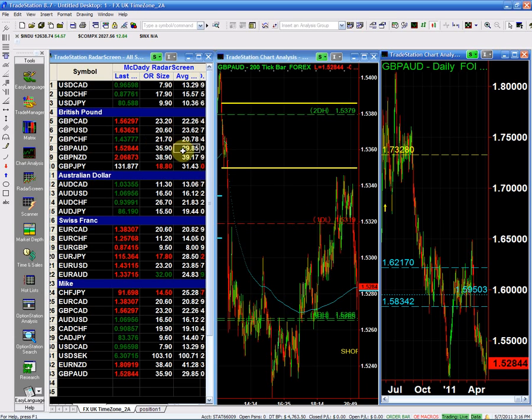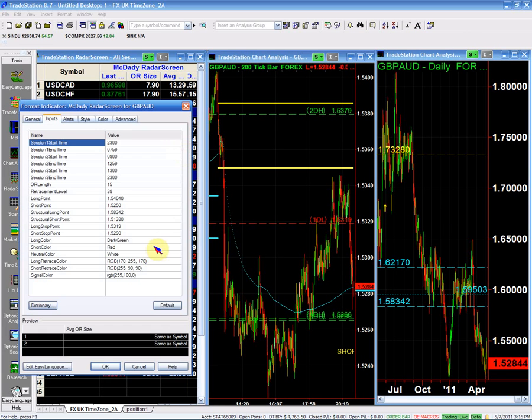Which is this one, which we already have from the last time. Okay, so this is the pound Aussie. We're going to go long above 154.04, and if we do, my structural long is 158.34, so we have 400 pips before any potential trend change in the pound Aussie.